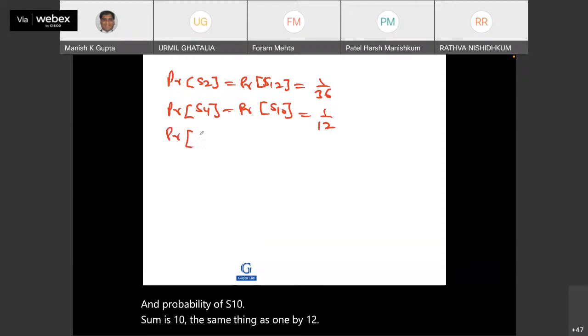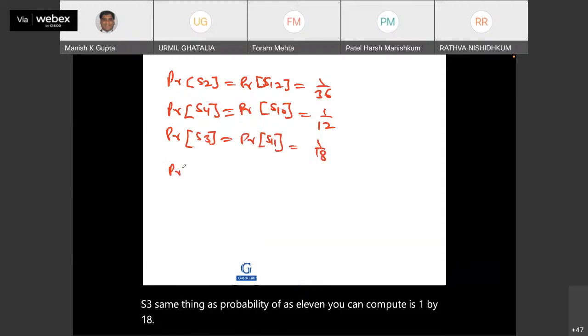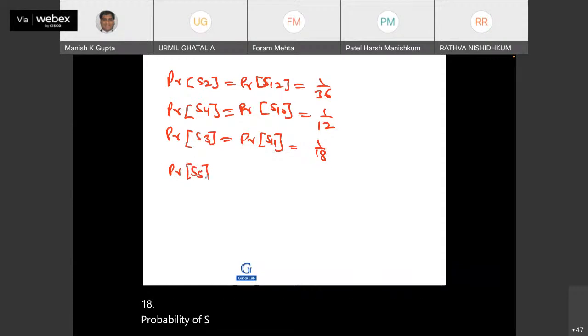The probability of S3 is the same as the probability of S11, which is 1 by 18. The probability of S5 is equal to the probability of S9, which is 1 by 9.